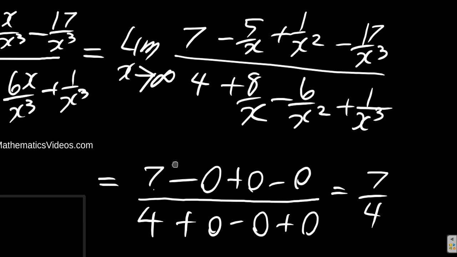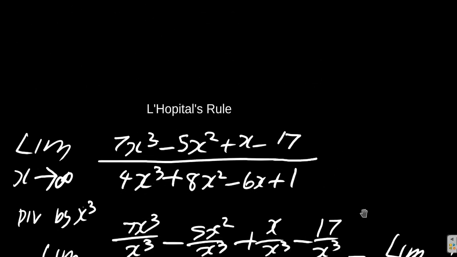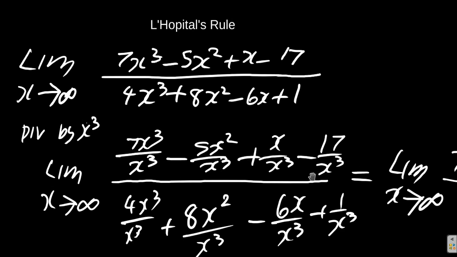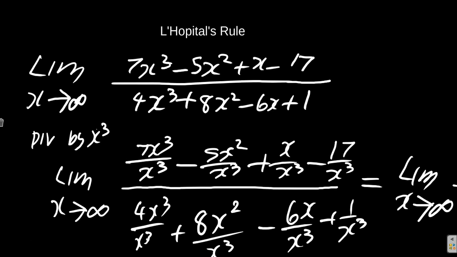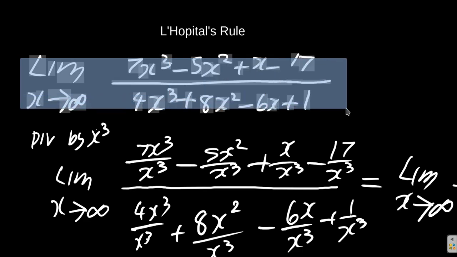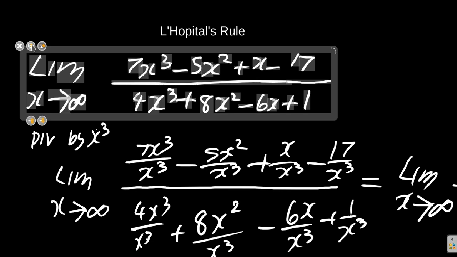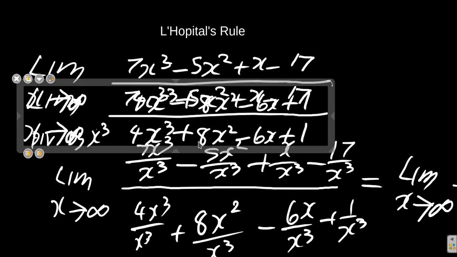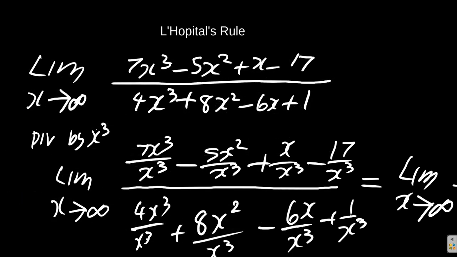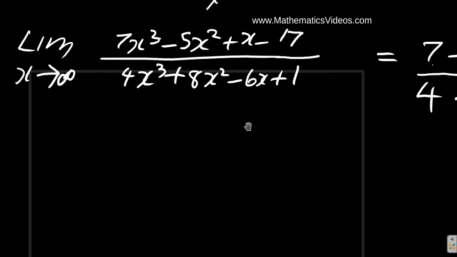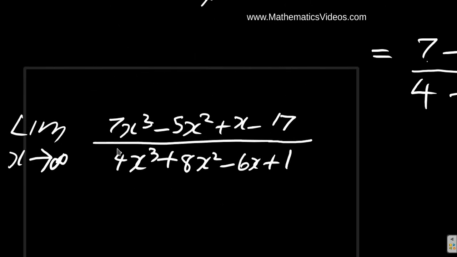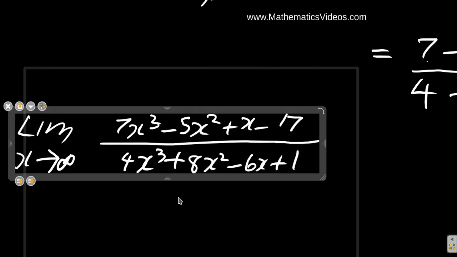Now, let us use L'Hopital's rule and see if we get 7 divided by 4 again. Let's copy this function, keep it as one function, move it down and use L'Hopital's rule on it.